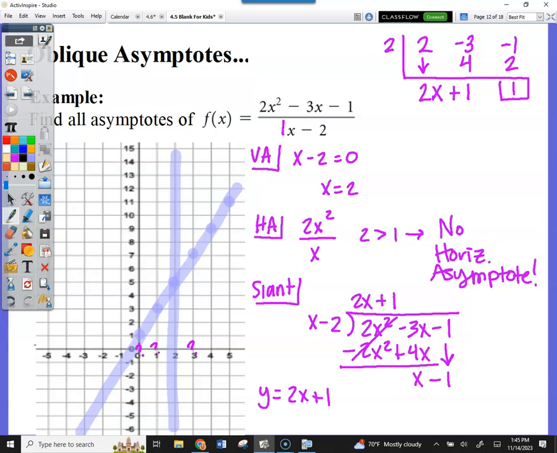So that's common sense. If you plugged in these numbers, like 1 or 0 into that function, you're going to get values down here. And then if you plug 3 in, you're going to be up here. So the curve is in those sections.